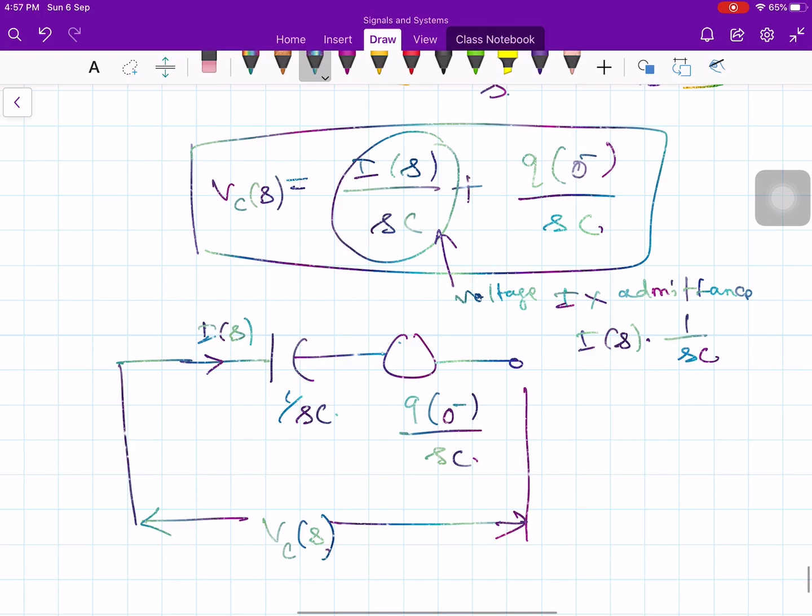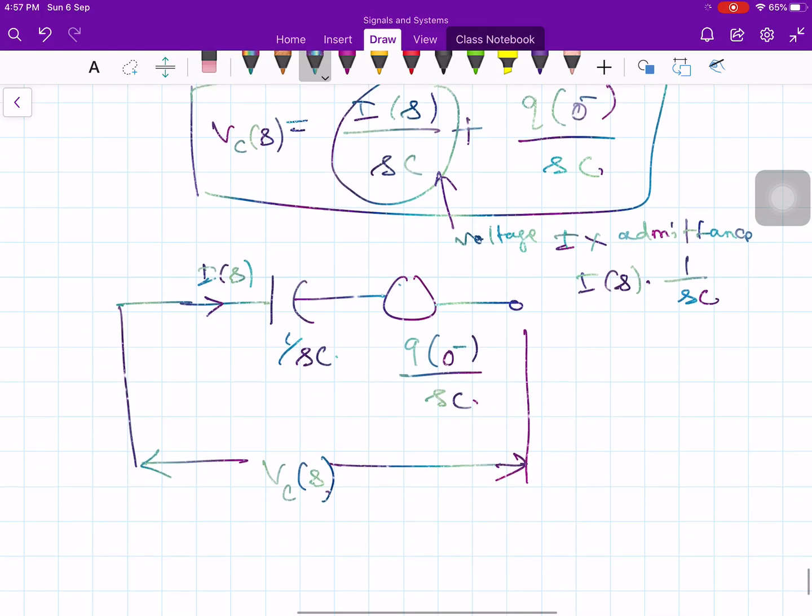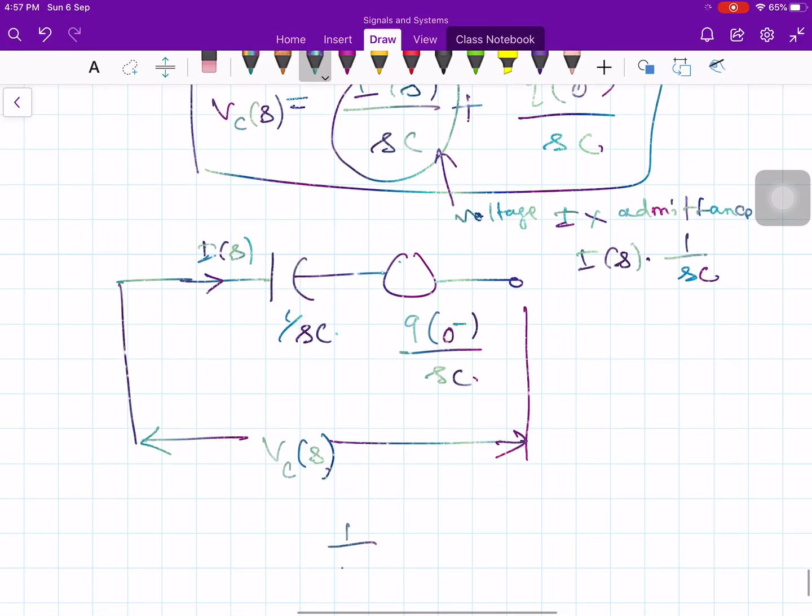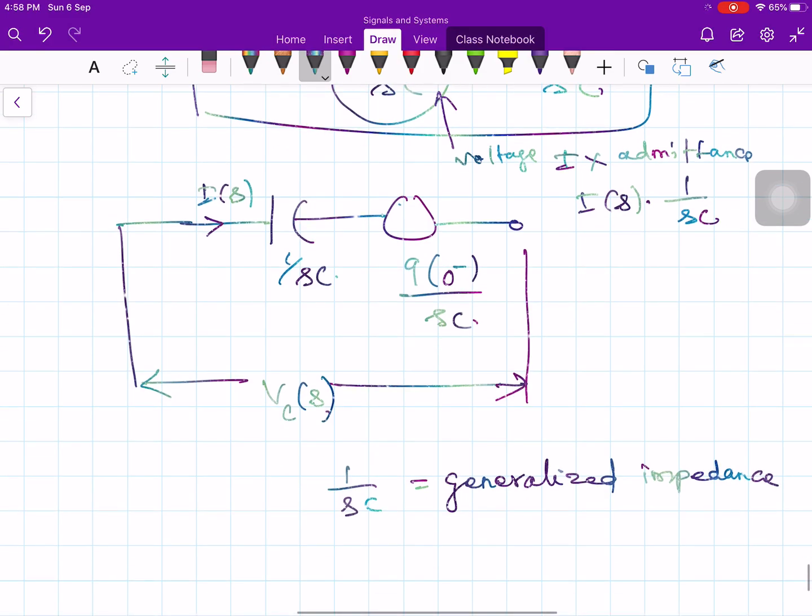Therefore 1 by sc is the generalized impedance. And what is I of s? I of s is the current passing through the generalized impedance 1 over sc, and that will create a voltage drop. That voltage drop is I of s divided by sc.